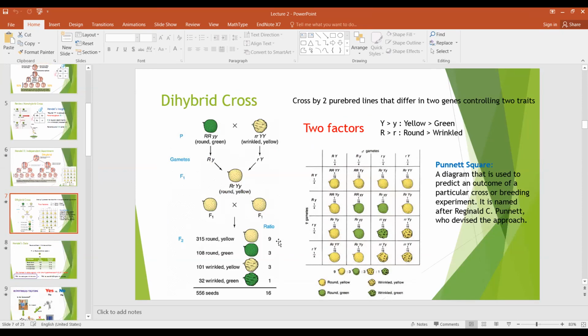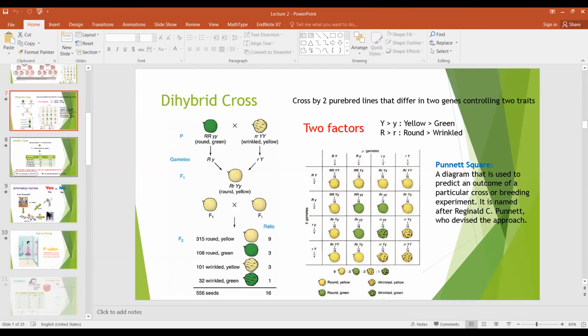The phenotypic ratio becomes 9:3:3:1. I hope everyone understands and remembers these magic numbers, because we're going to use them again and again in this class to help you understand the genetics behind a lot of experiments. So this is what we have learned so far.